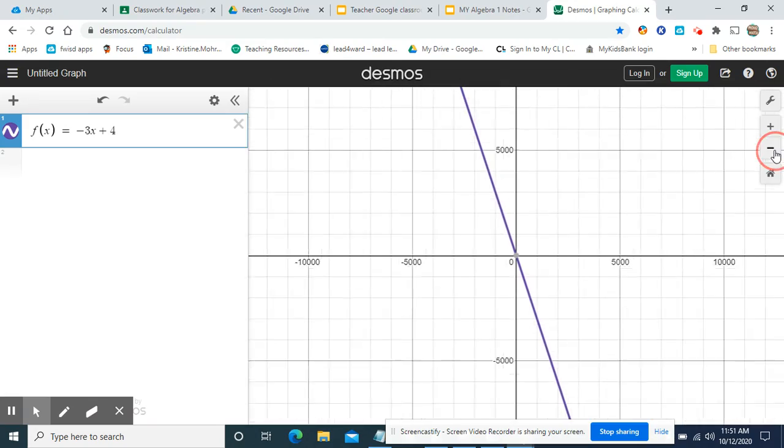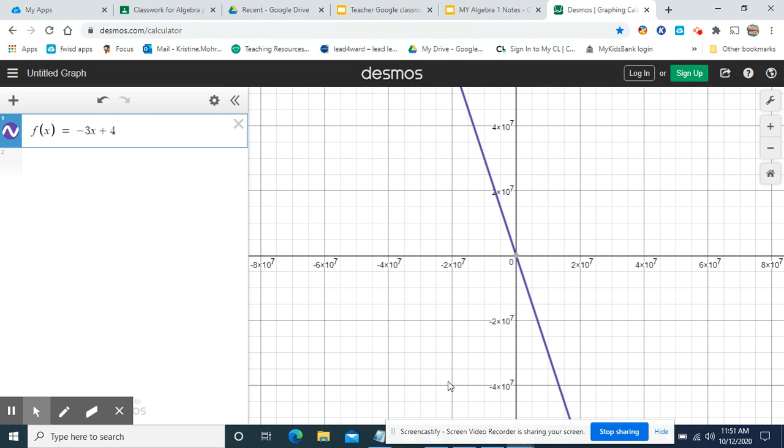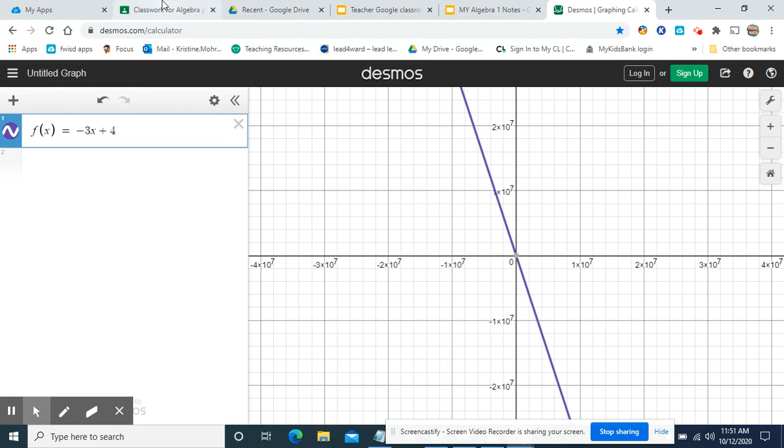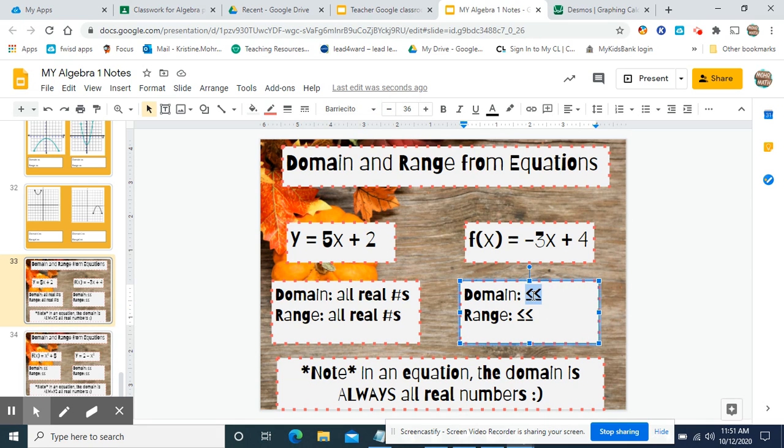And same thing, I can zoom out and zoom out and it never changes. We zoomed out so far. So it never stops. So again, the domain is all real numbers, and the range is all real numbers.